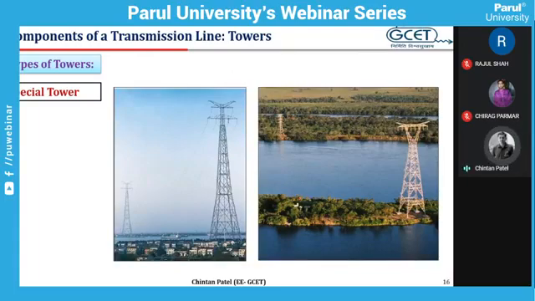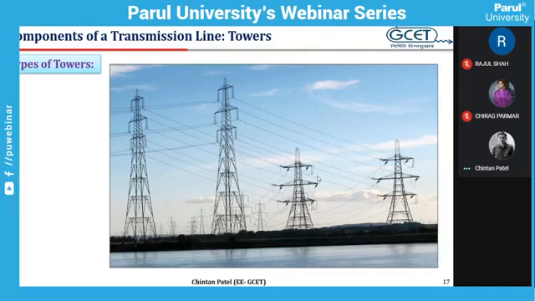So here also you can see the huge structure of the special towers, and they are crossing the river or lake. In this photograph, all the three types of towers which we have discussed earlier are visible. The first, these two towers, obviously they are special towers. The next two types are tension towers.